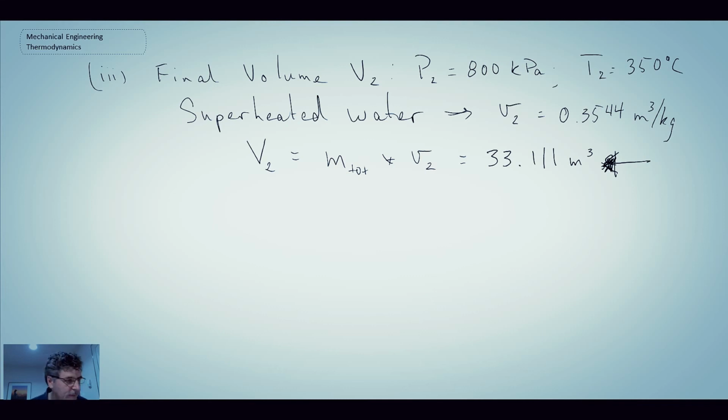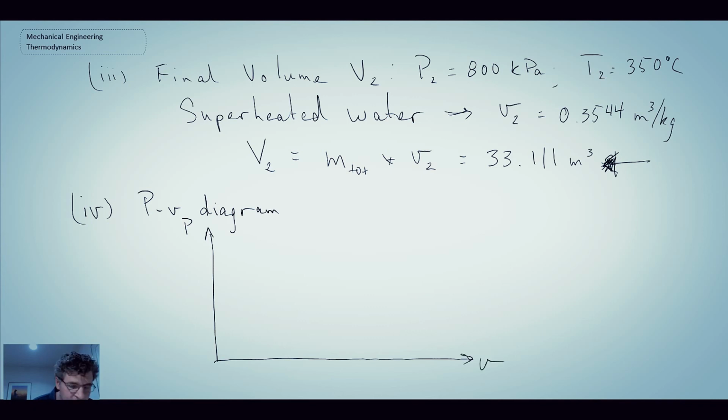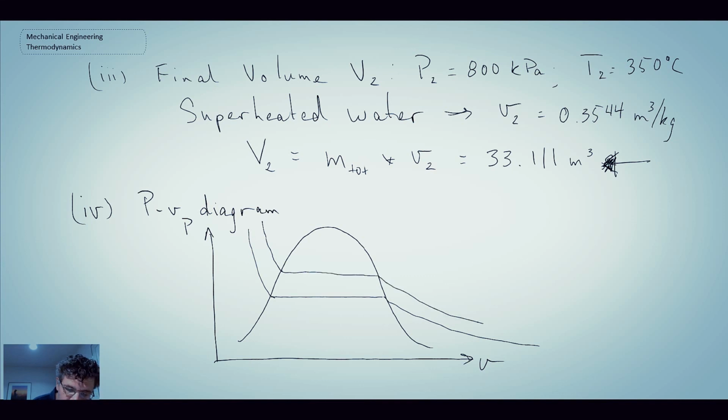So for that, we write out our pressure and specific volume axes, and this is what the lines would look like at constant temperature on a PV diagram.